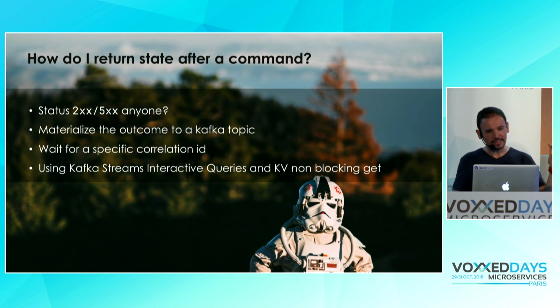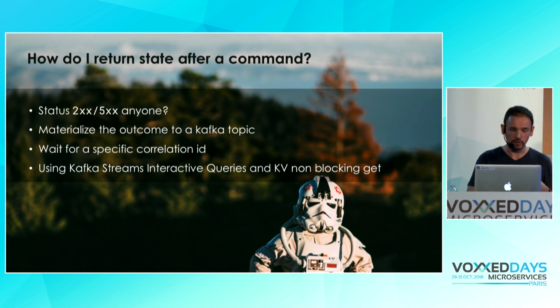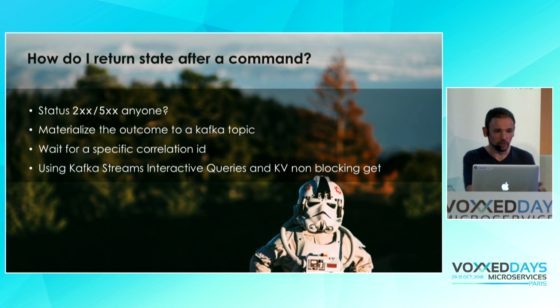And since everything is asynchronous in Kafka, how do you, in your command handler, in your request processor, in your REST API or whatever, know what to reply to your client? Because it's easy to just fire and forget in Kafka. You just publish a message, but how do you wait for the outcome? How do you return the state related to the outcome specific to your commands?